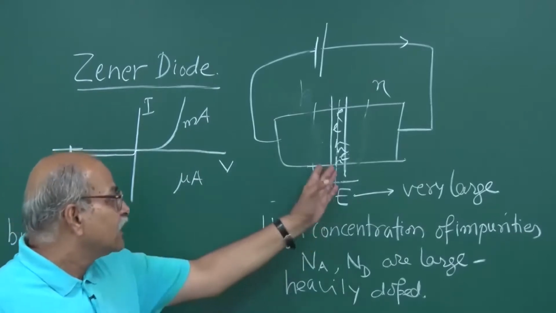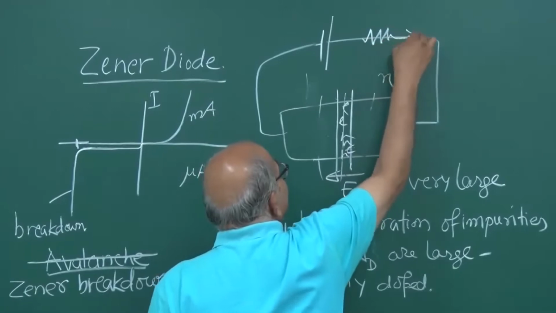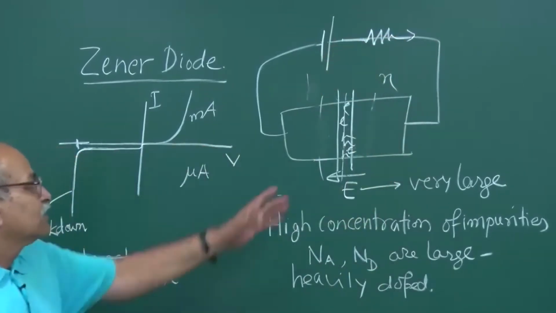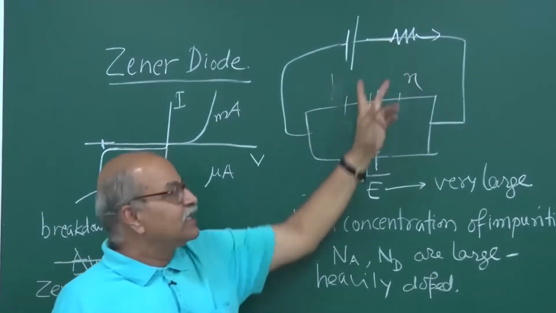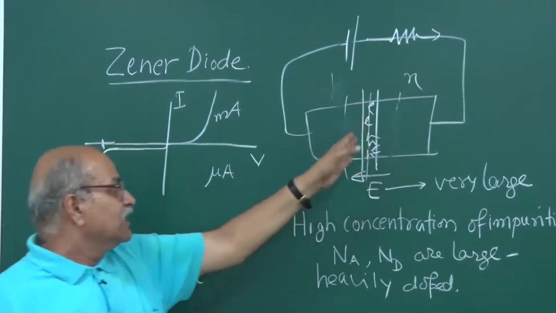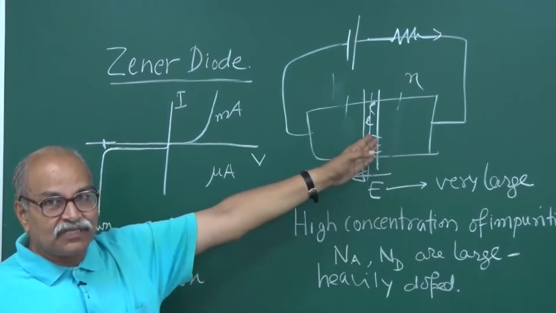So you will have to put a resistance somewhere, so that the extra voltage drops here. Here the voltage drop is just, if it is made for 2 volts, it's 2 volts, right?